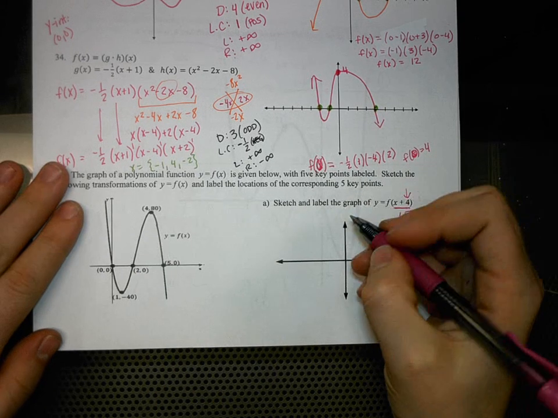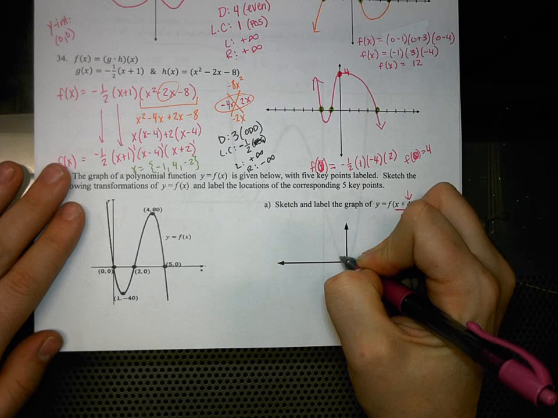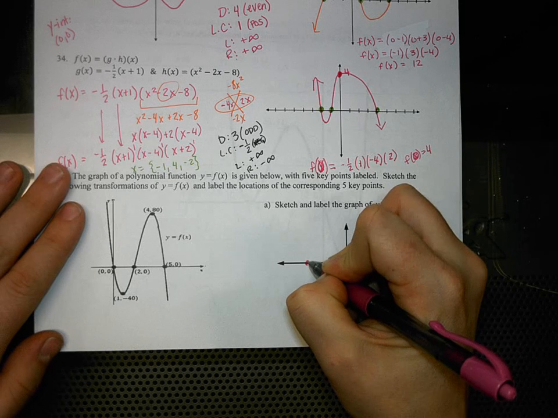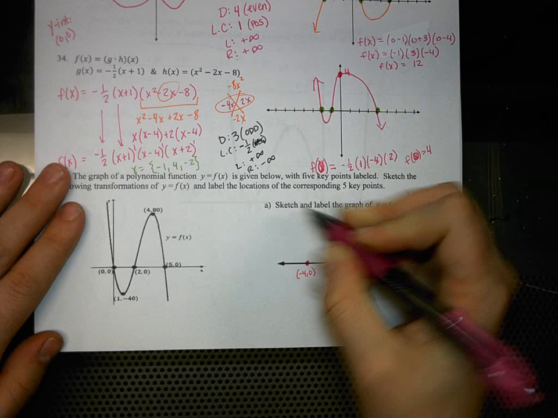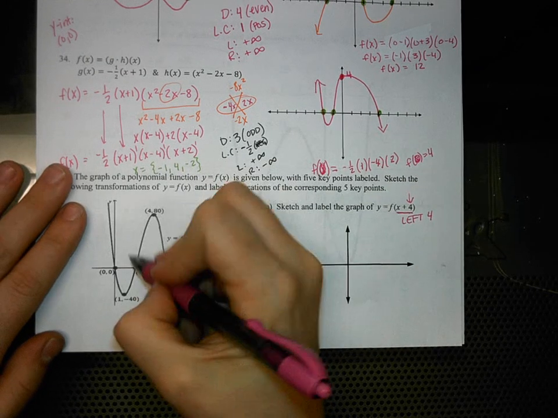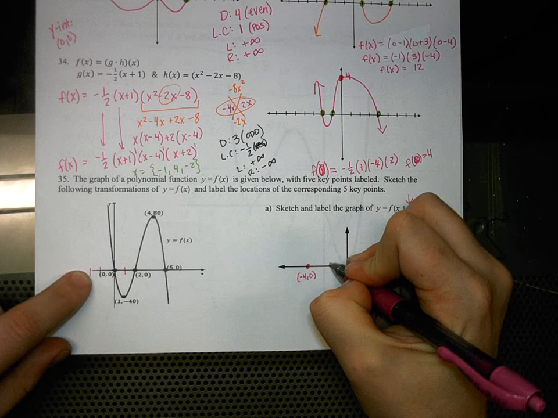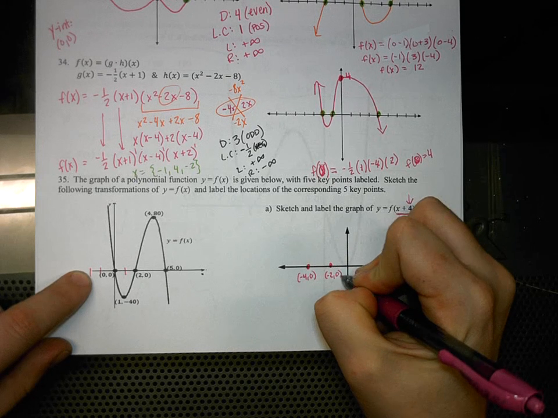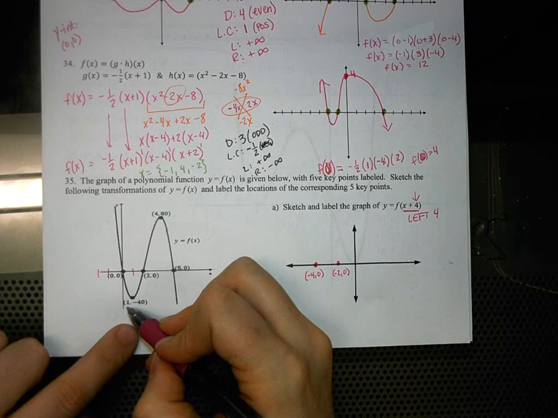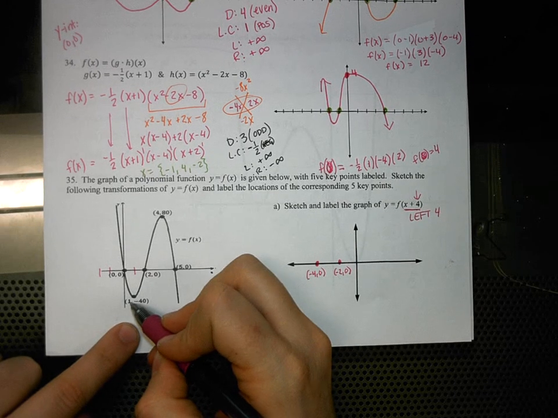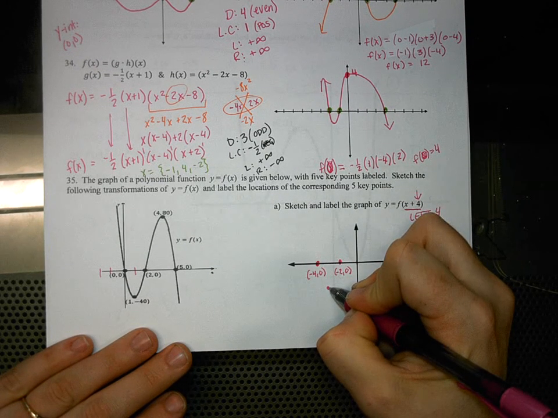So this would be (-4, 0). This 2 shifted to the left 4 would be 1, 2, 3, 4. It would go to (-2, 0). This one shifted to the left 4, you're going to subtract 4 from your x value, and that would be (-3, -40).